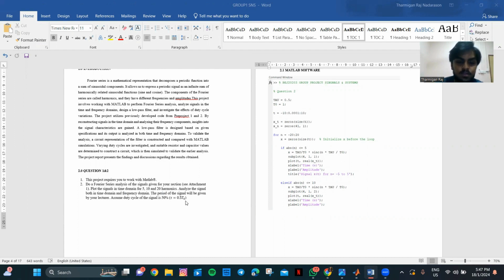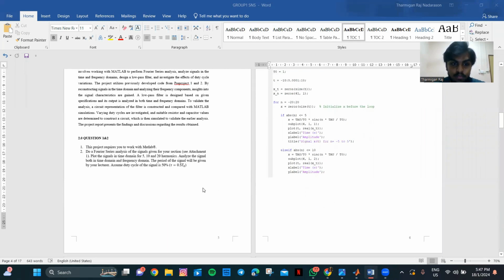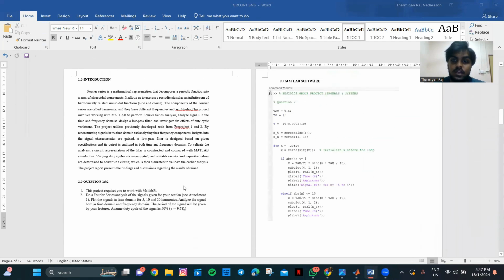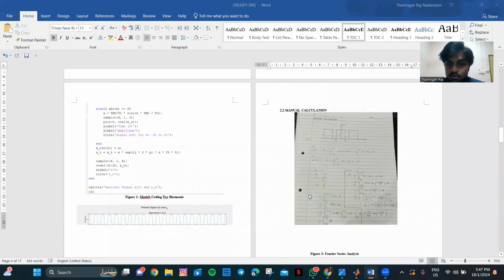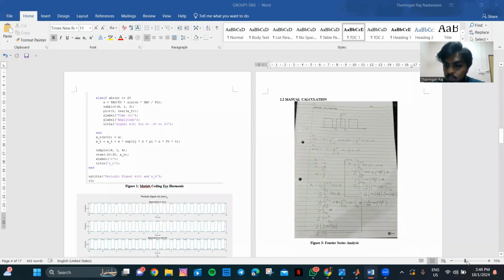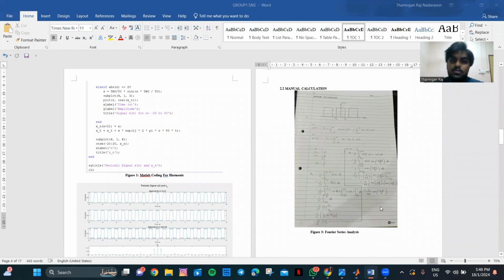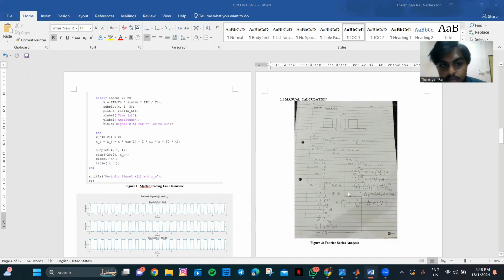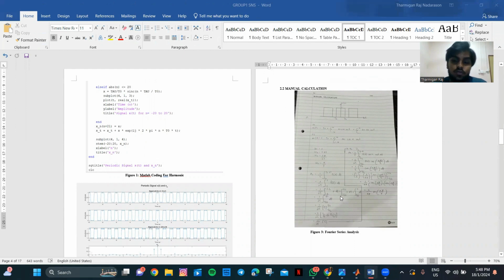The period of the signal is already given by our lecturer, and we should assume the duty cycle of the signal is 50%, which is tau equal to 0.5 T0. Before getting into the software, I would like to show the manual calculation part of questions one and two. This would be our calculation part, and we'll go deeper into it later after getting into the software.